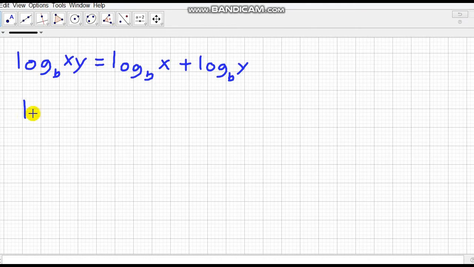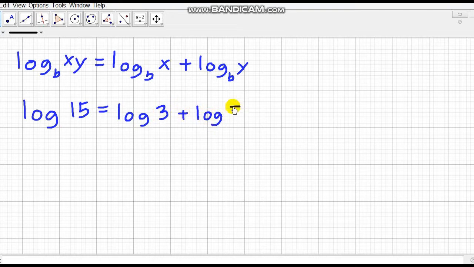For example, if we have log of 15, note that 15 is 3 times 5. So log of 15 can be separated as log of 3 plus log of 5.